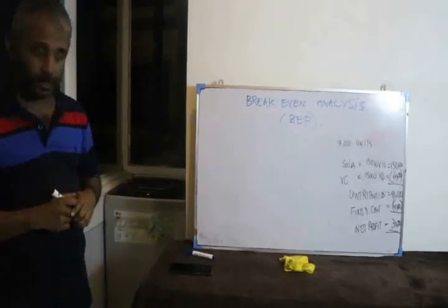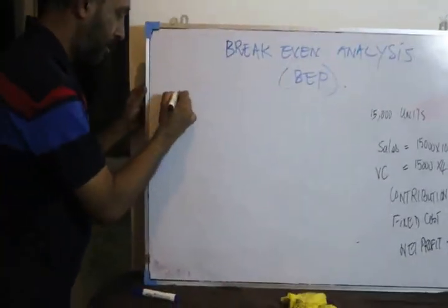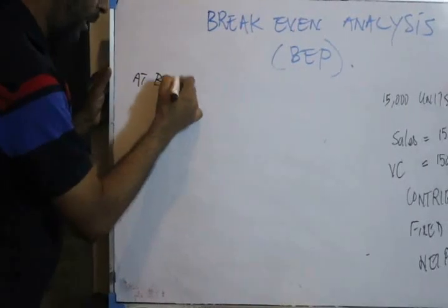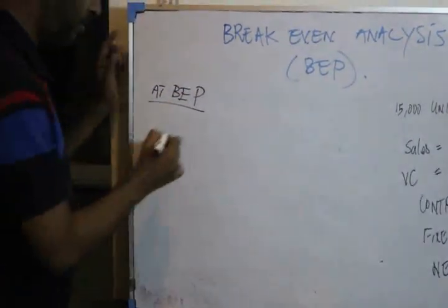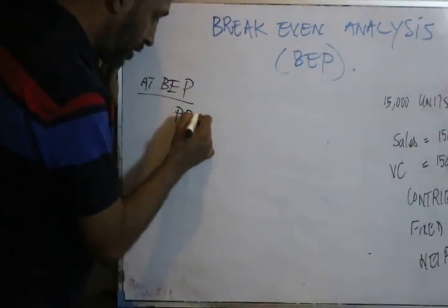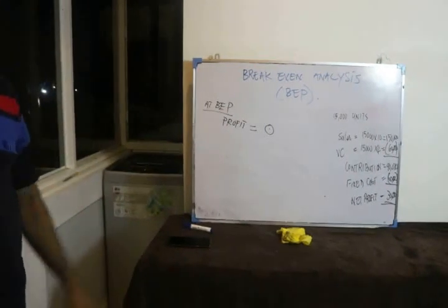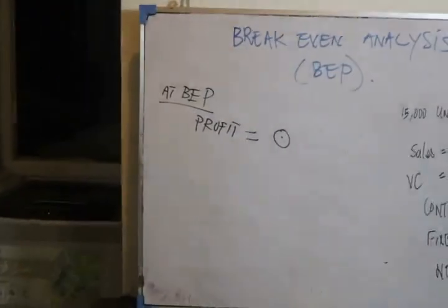As the term suggests, at break-even point, we say that the profit is equal to 0. We say that if the company is to break even, the total profit must be 0.